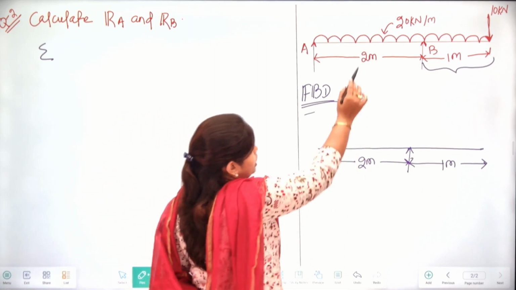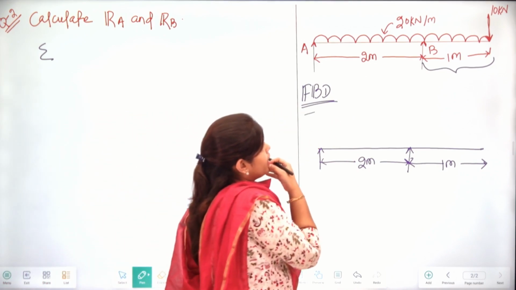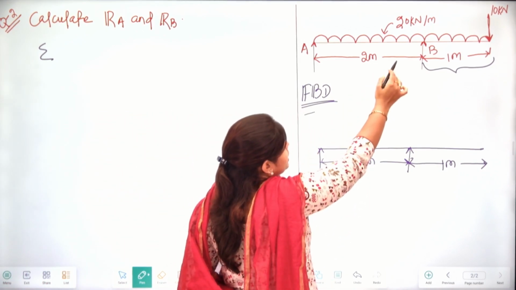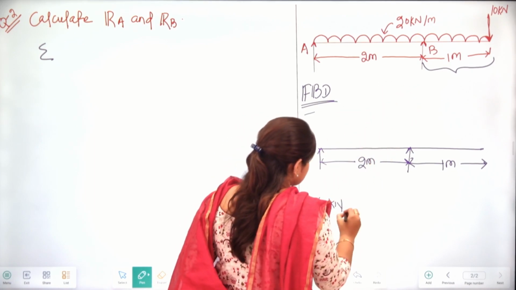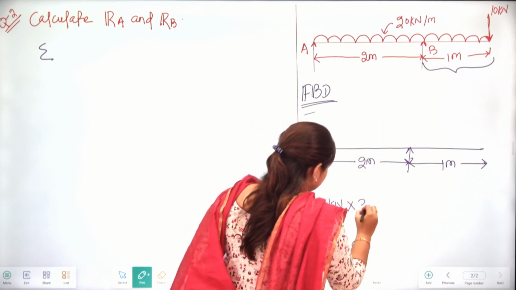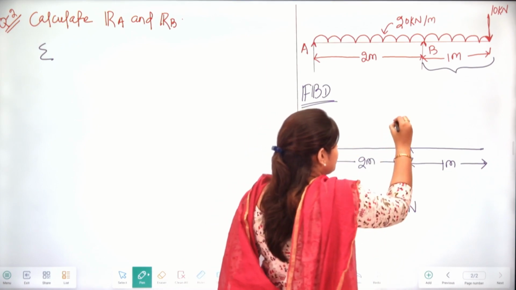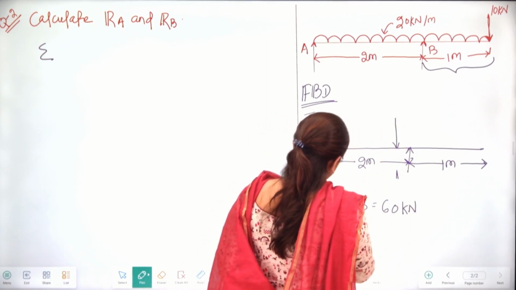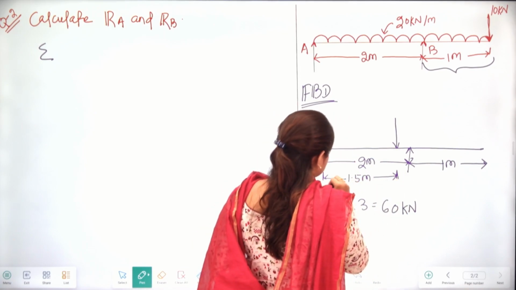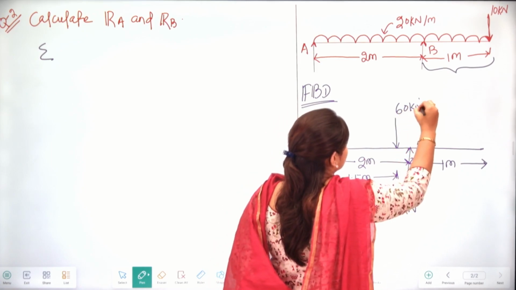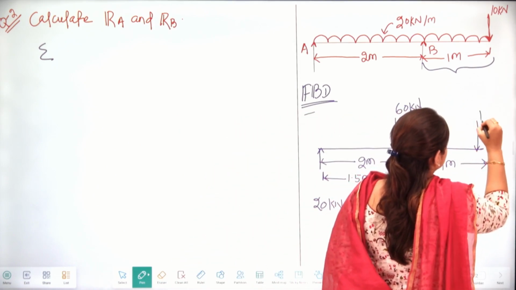You can see the uniformly distributed load is here, over the whole span. So this 20 kilonewton load is applied over the total distance, multiplied by 2 plus 1, 3, so we have 60 kilonewton of load at the mid span. So here at 1.5 meter distance, this is your 60 kilonewton of load, and this 10 kilonewton load.